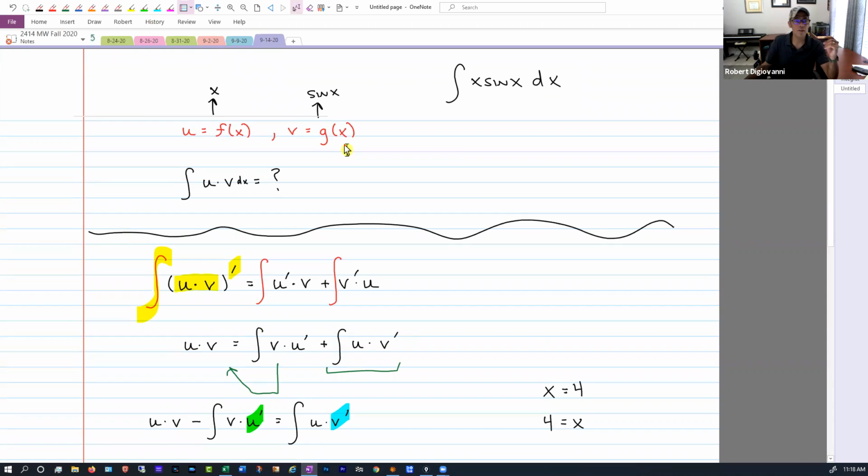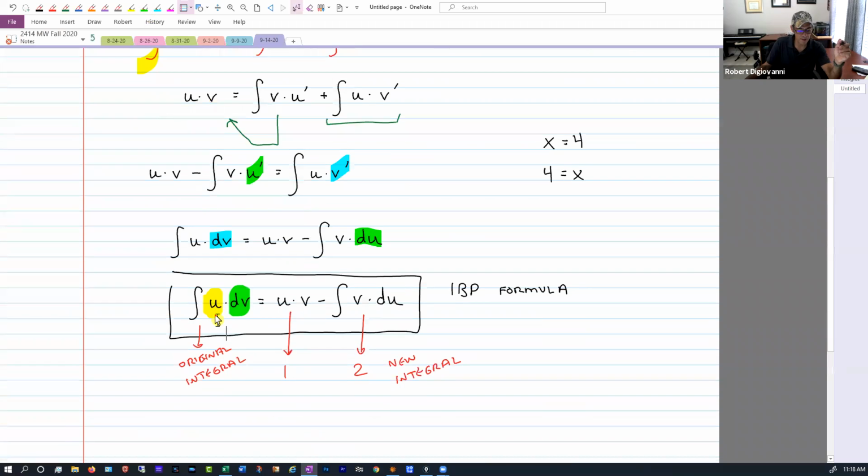So your original integral has a function of x in it, and the derivative of some other function. Don't confuse that with substitution. Remember, in substitution you were looking for something and its derivative, right? This is saying that you have an integral where you have a function, and next to it, the derivative of some other function. It doesn't even have to be related to the u.